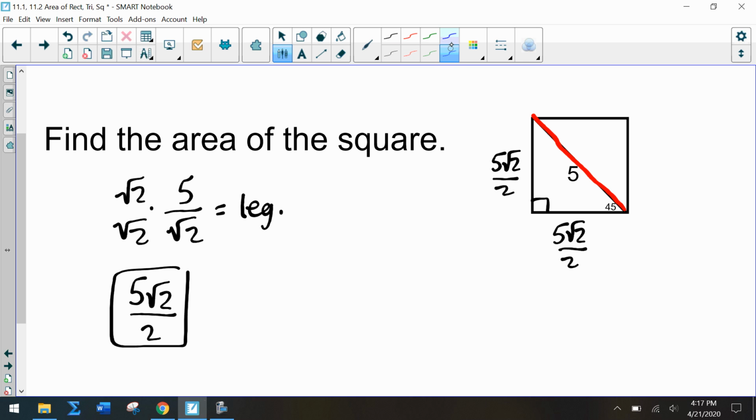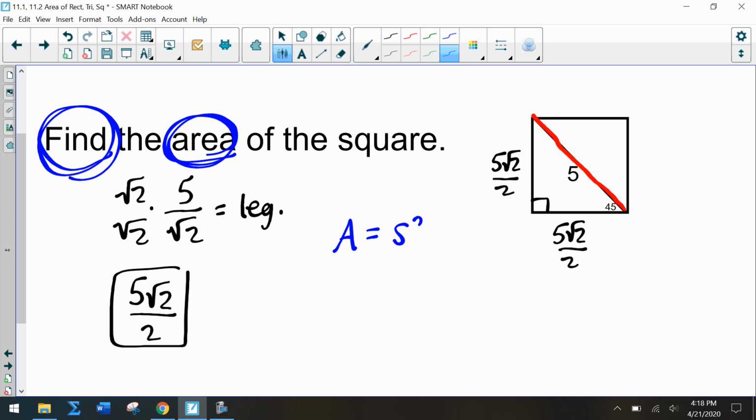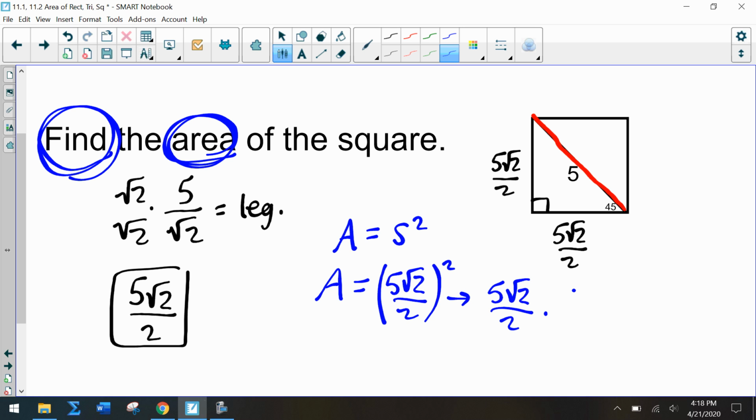But now it's asking to find the area. Find the area. And now the area is side squared. So the side we know is 5 √2 over 2, but we're squaring it. So what this is essentially saying is take 5 √2 over 2 and multiply it by 5 √2 over 2.